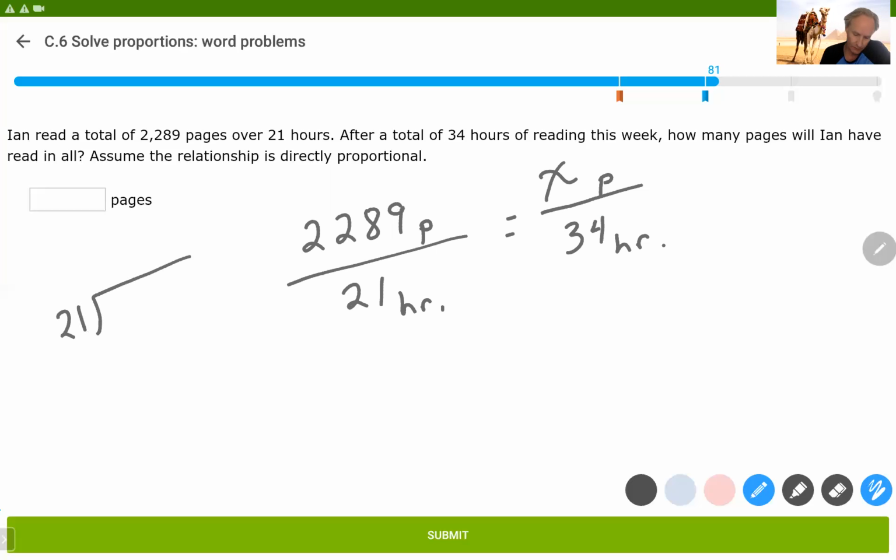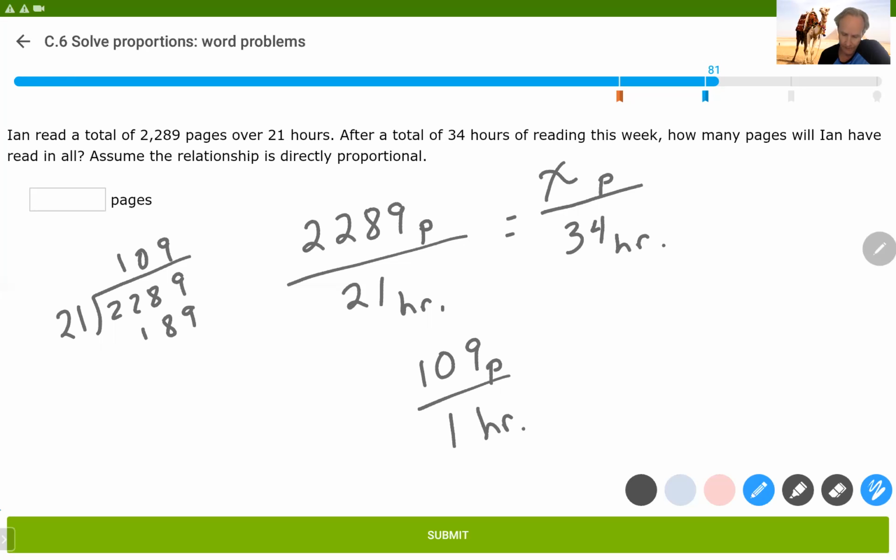21 into 2289 goes 1, 09. So we get 109 pages per hour. Pretty fast reader. And that's x over 34. And we have to cross multiply, so 34 times 109.